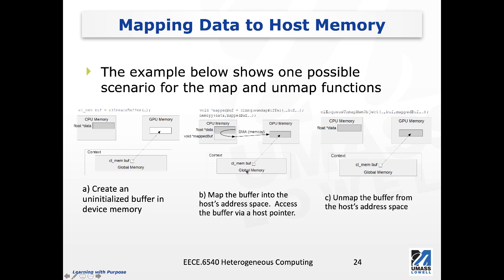In other words, this memory object is mapped to the host's address space. Once the necessary memory copy operation is done, or any computation is done, we can then use clEnqueueUnmapMemObject to release this mapping. As a result, there will be no valid pointer from the host memory space pointing to the device buffer.